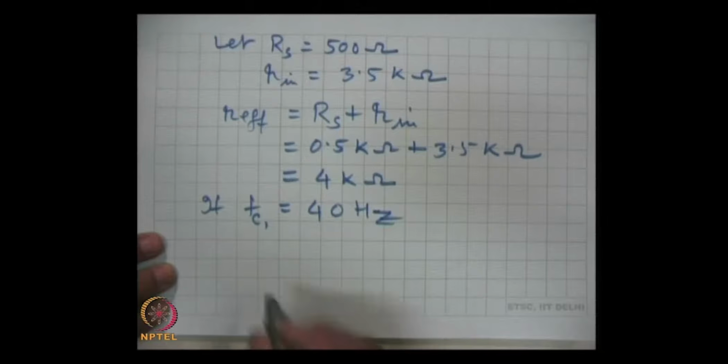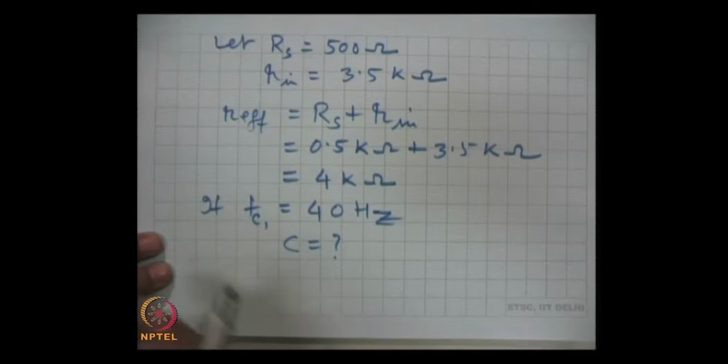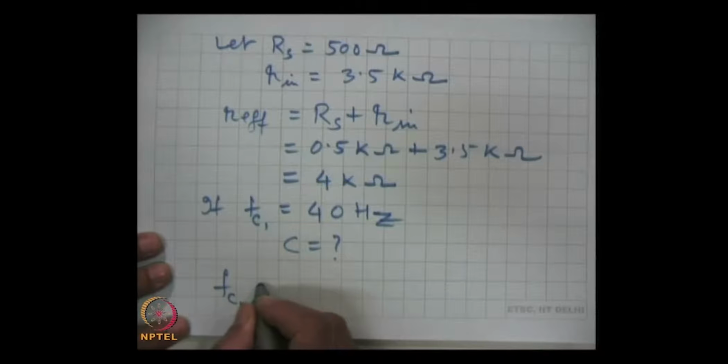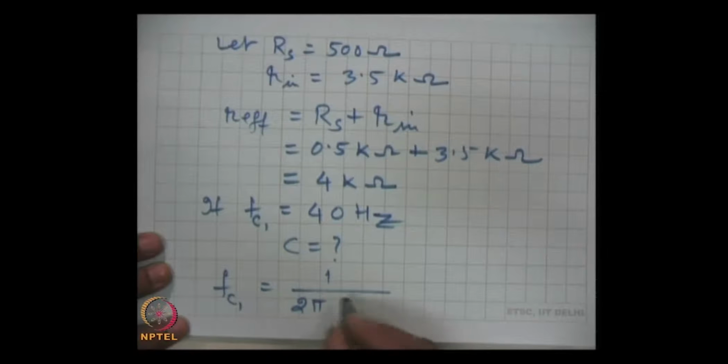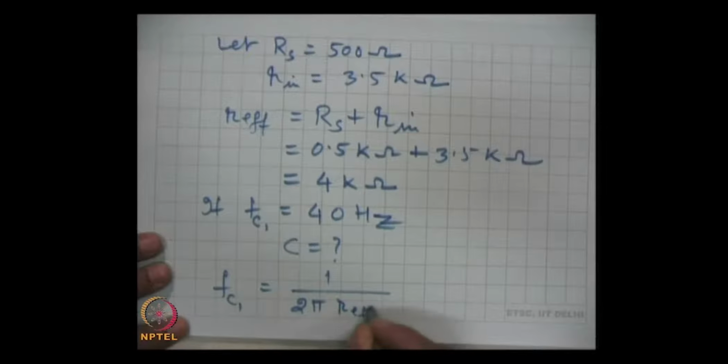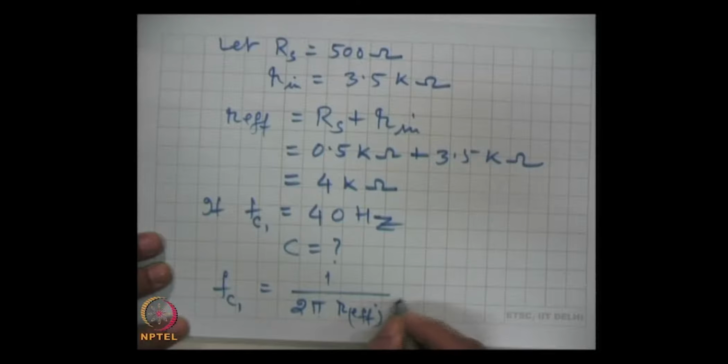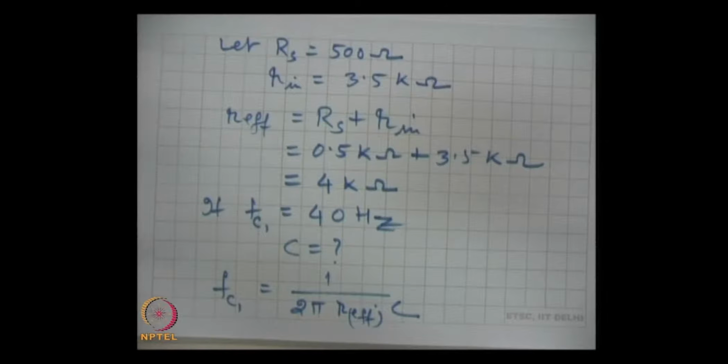Let us say that the lower cutoff is to be kept at 40 hertz. Let us find out what is the value of capacitance we are supposed to use. We can use the relation f C 1, the lower cutoff, equal to 1 by 2 pi R effective into C. We can apply this and calculate.